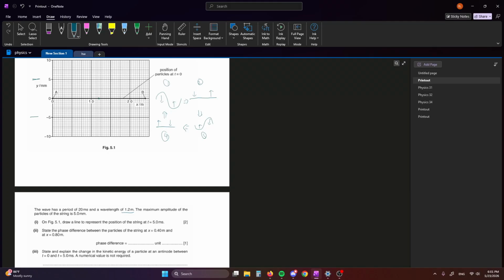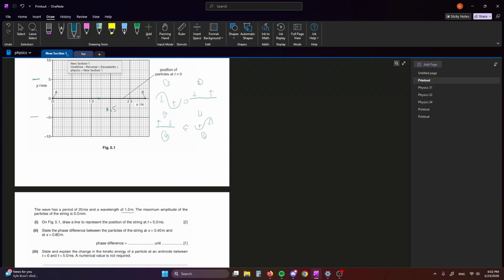So around here, I think, right? 1.2 meters, I think. Yeah, this is 1.2 because this is 1.5, right? And there's 10 in between. So it should be the fourth square. And our amplitude is 5, so we can know that.